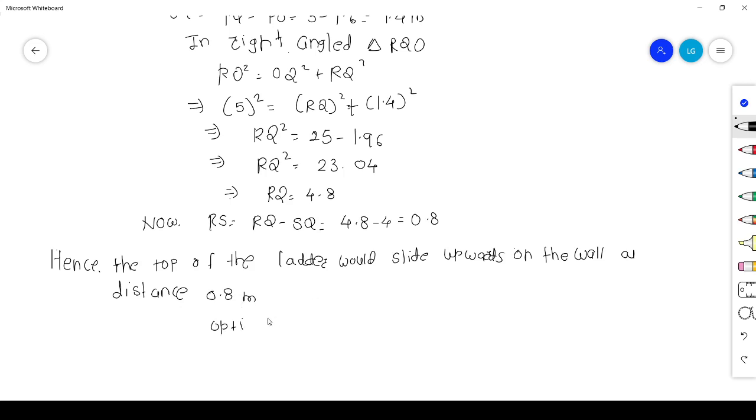From the available options, we have option C as 0.8 meters.